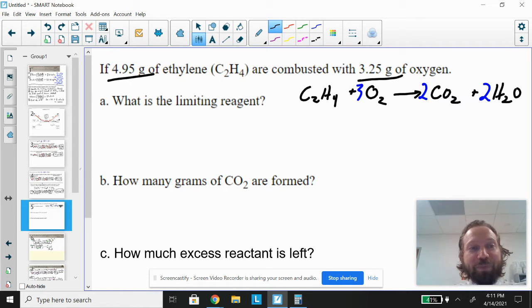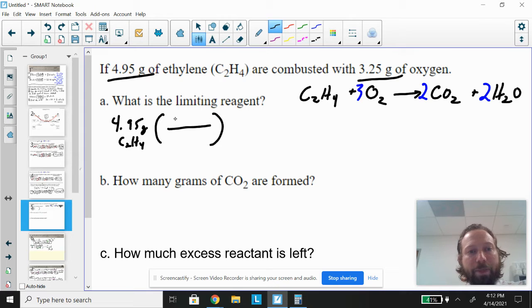All right, so let's try this. We're going to start with the ethylene because that's the first one I see. So 4.95 grams. We're going to figure out how many grams of CO2 that would produce. For C2H4, we're going to convert using molar mass. Carbon is 12 times 2 is 24, plus 4 is 28 grams per 1 mole of C2H4.